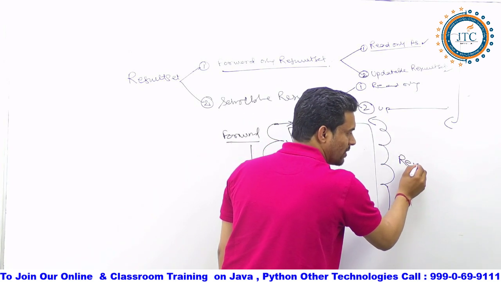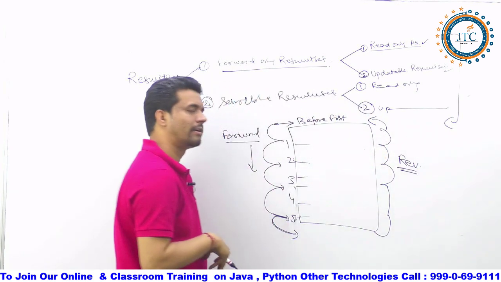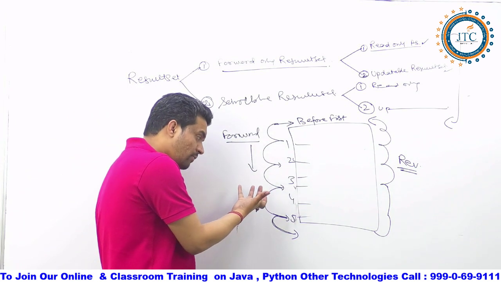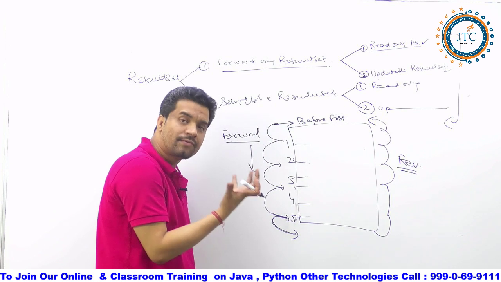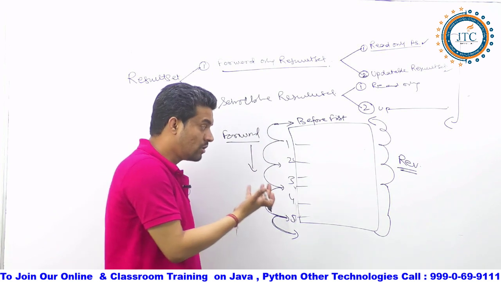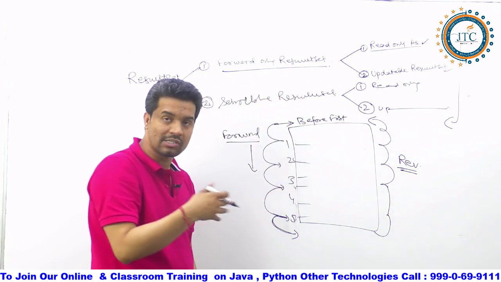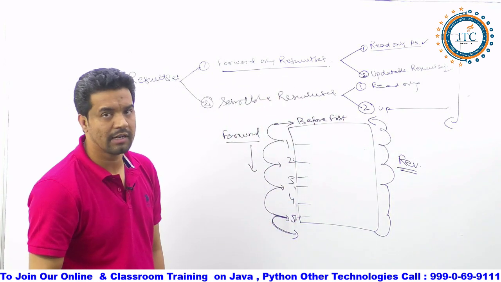To get the record in the forward order we have different methods, whereas to fetch the record in the previous, reverse order, we have different methods, correct?